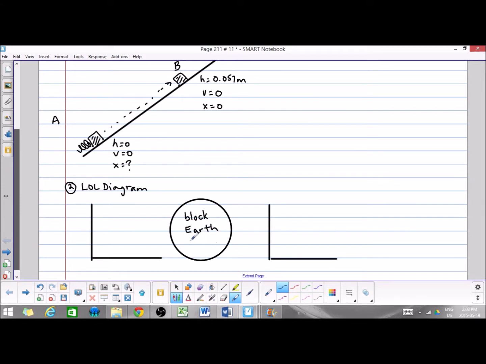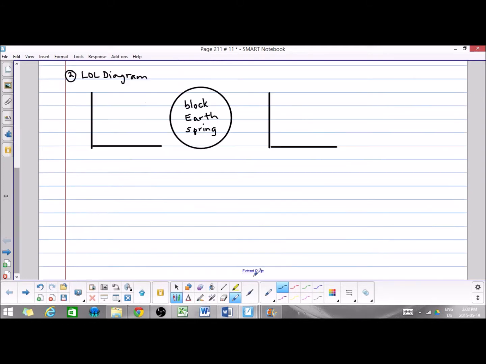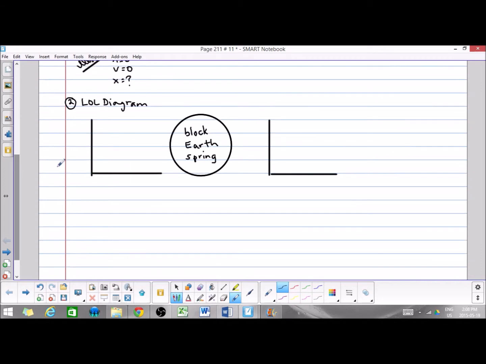But we will also include in our system the spring. Now the spring does work on the block when it's released from its starting position. One way of treating this question would be to say I've got work input from the spring. However, by including the spring in the system, we can instead just add a bar to the chart for elastic potential energy, and then it's taken care of there.